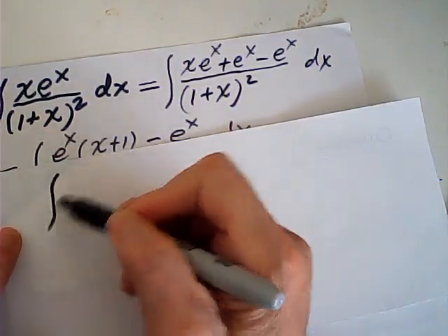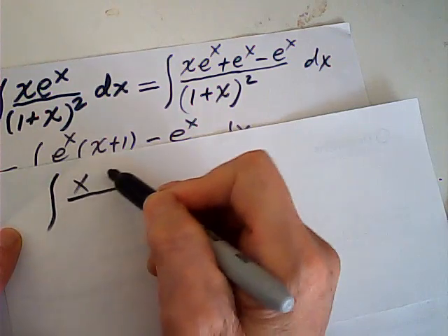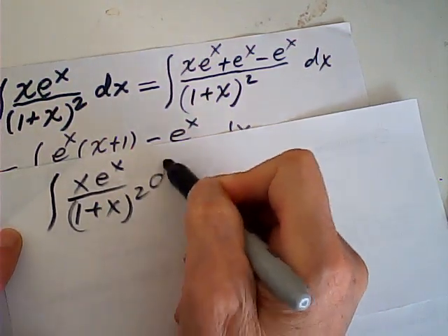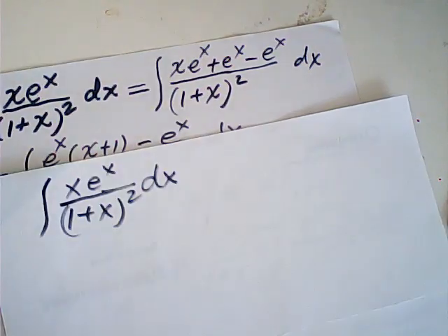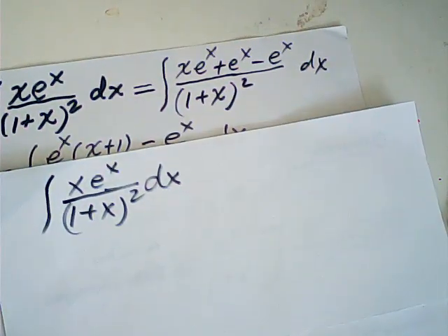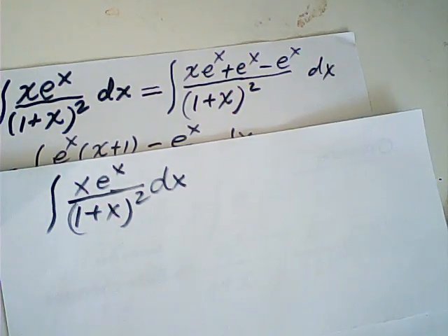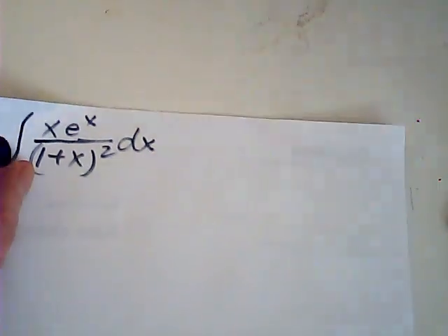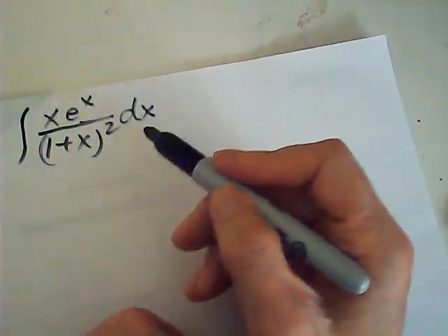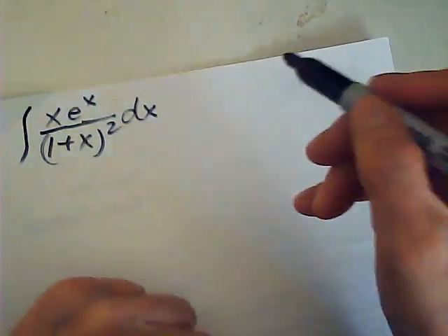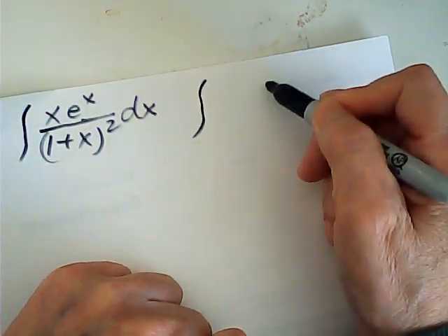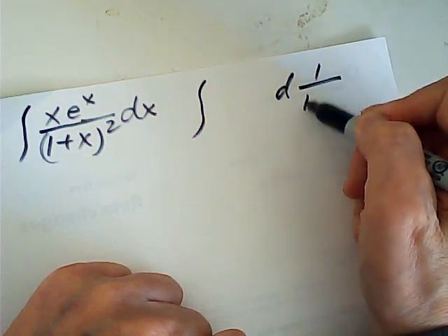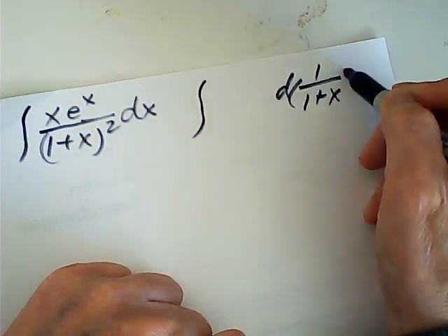I copy this one: x e to the x over (1 plus x squared). Let me change the pen. Okay. For 1 over (1 plus x squared), I can write it as the derivative of 1 over (1 plus x).